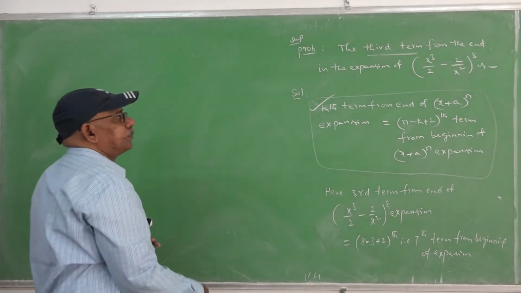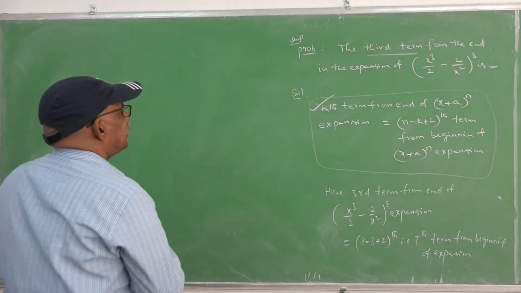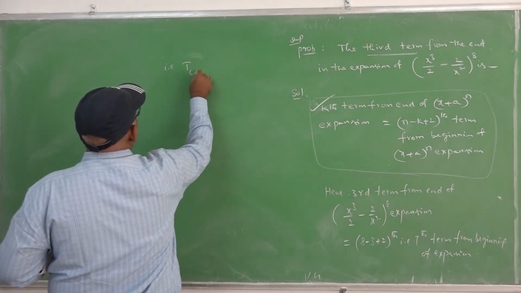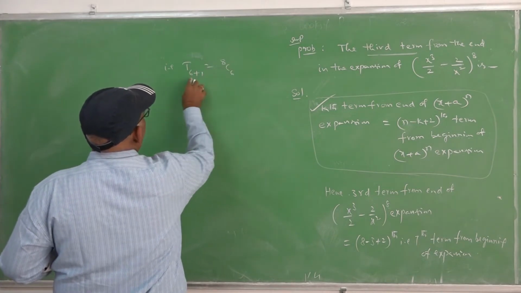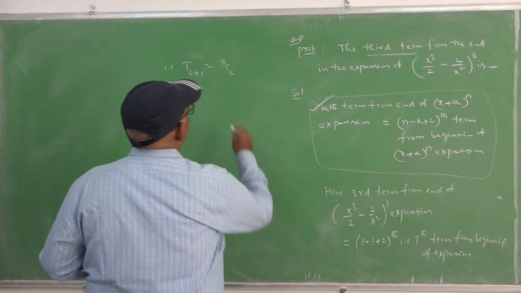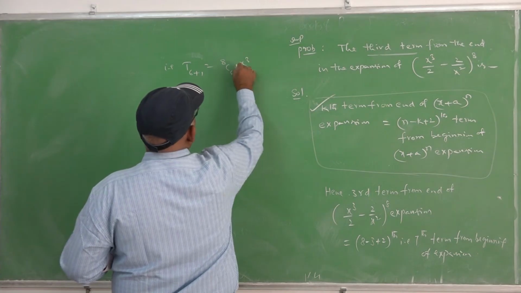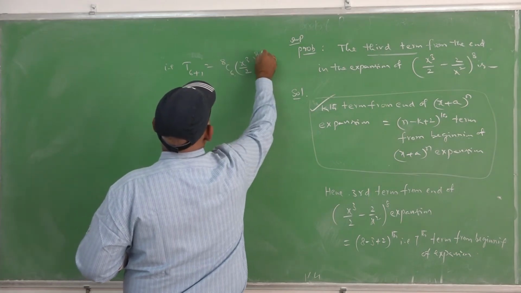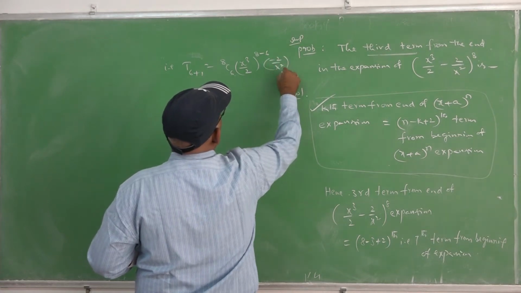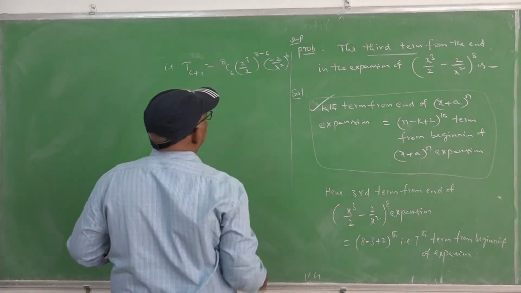from the beginning. The seventh term from the beginning is given by T(6 plus 1), taking r equal to 6, equal to 8C6 (x cube by 2) whole power 8 minus 6 and (minus 2 by x square) whole power 6.